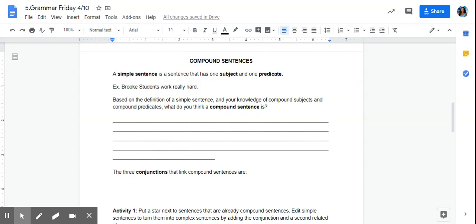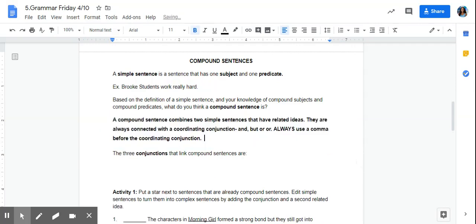Based on the definition of a simple sentence and your knowledge of compound subjects and compound predicates, what do you think a compound sentence is? Take a moment to think to yourself. Well, a compound sentence combines two simple sentences that have related ideas.